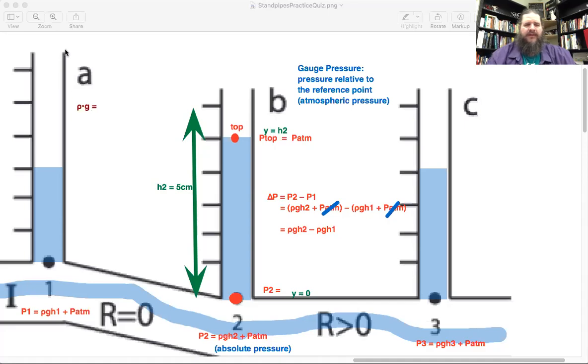Yeah, water has a density of 1,000 kilograms per cubic meter. Standardized because that's what the metric system was defined with in the first place. And Earth's gravity is what? What's the value of g on Earth? Yeah, closer to 9.8, but we'll round that off to about 10 meters per second squared.